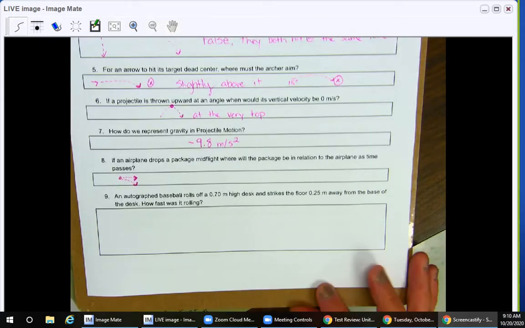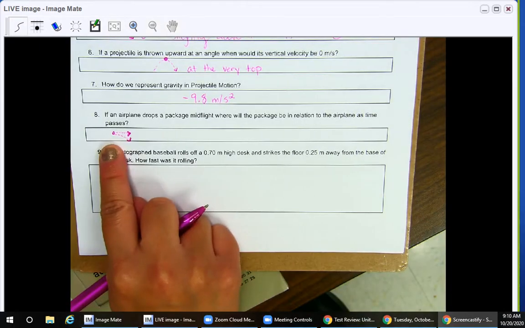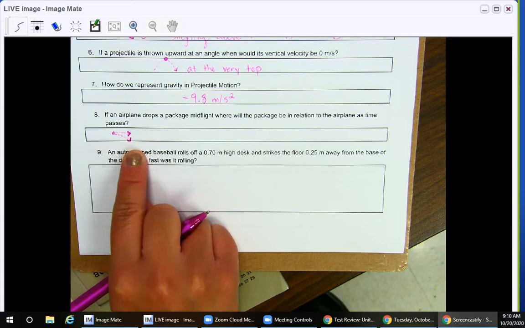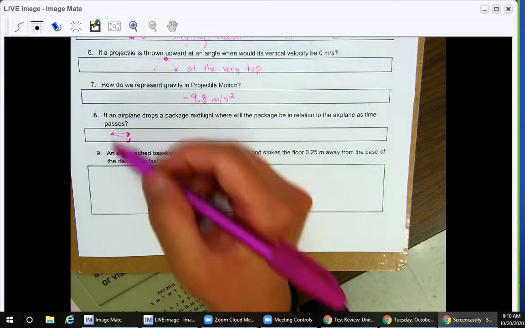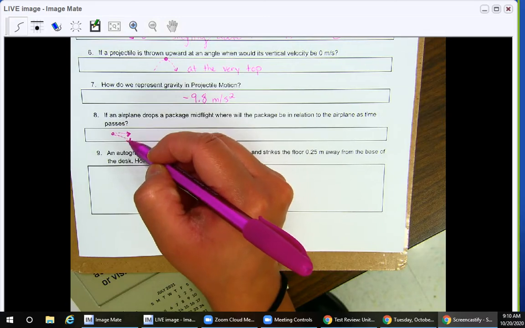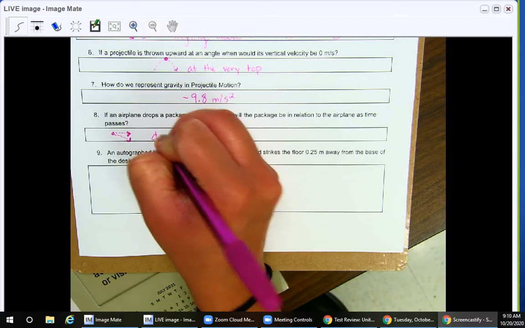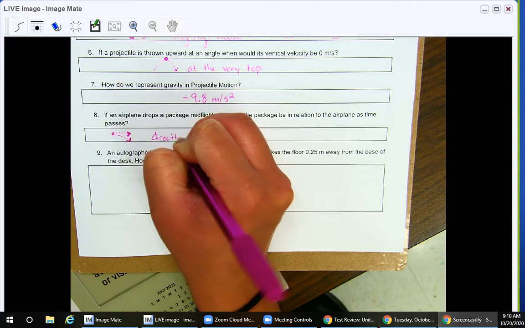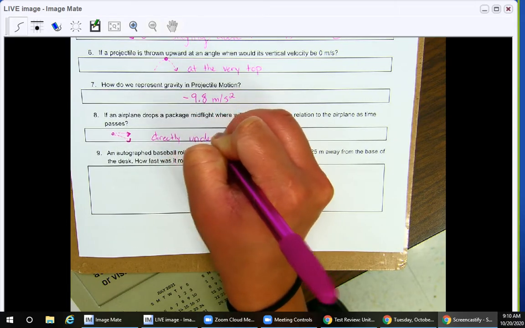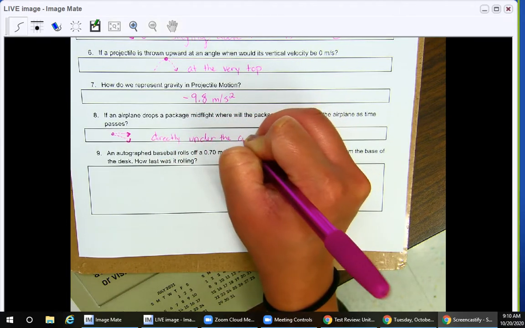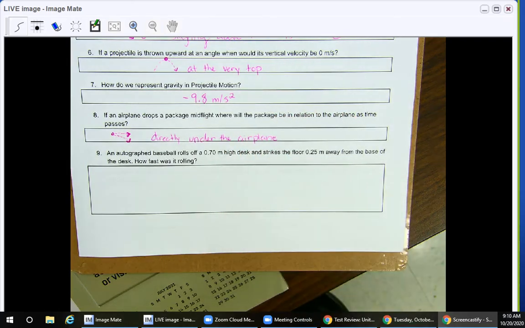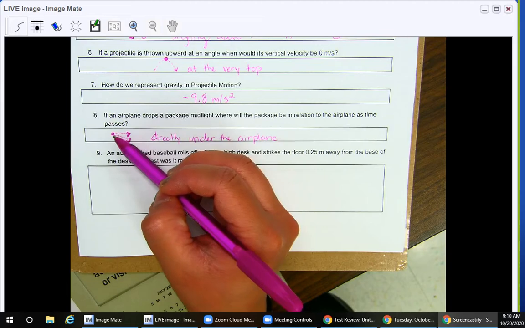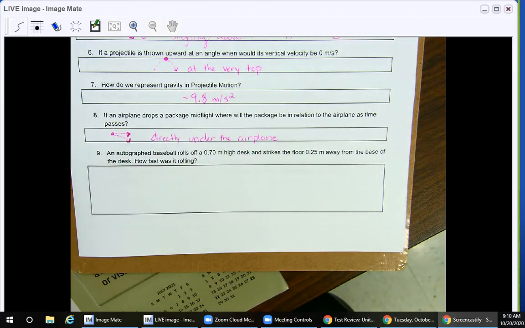If you drop an object from something that's moving, it's going to continue forward with that same velocity. So it'll be directly under the airplane. And that's because the object that you dropped is still going the same velocity as the airplane.